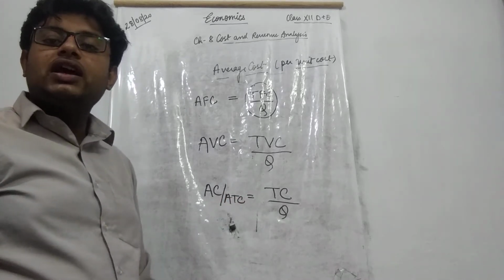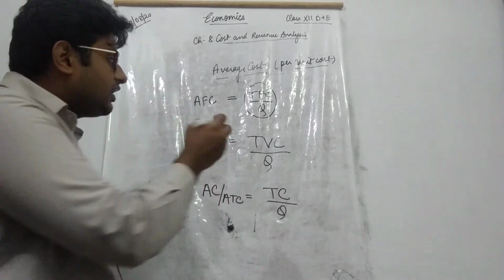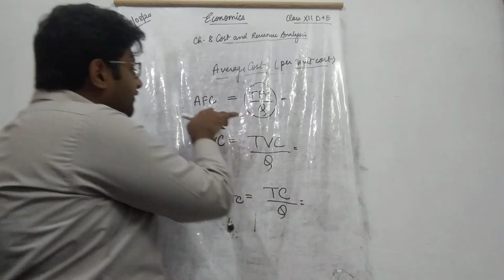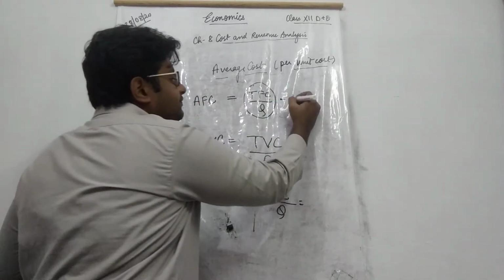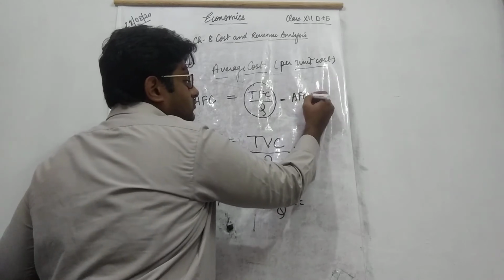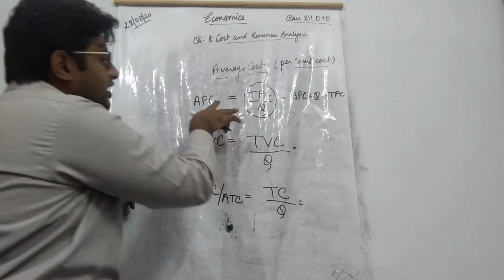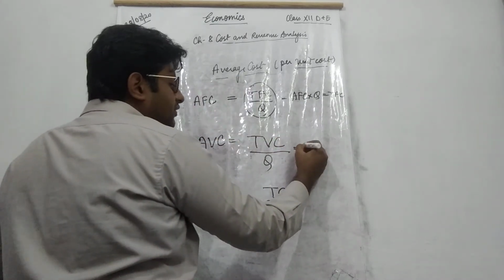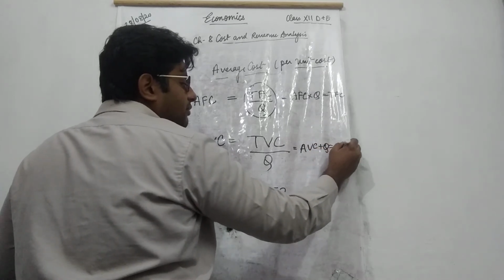Okay, let me write some mathematical things here. Whenever we multiply average fixed cost by the quantity, we will get the total fixed cost. Whenever we multiply AVC and output, we will get total variable cost.